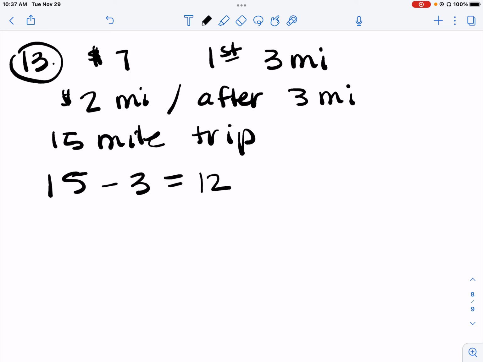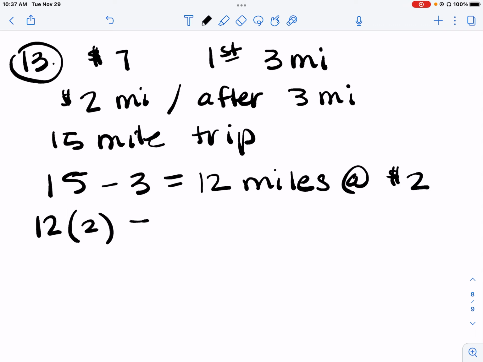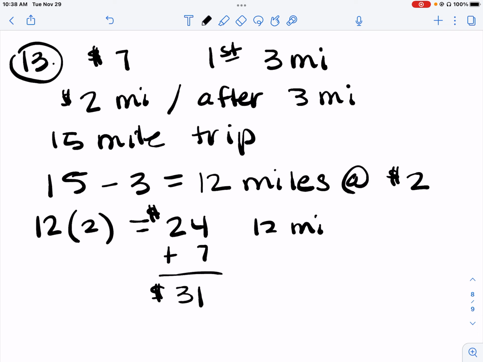So that means 12 miles at $2. Okay, so that's $24 plus the other 7. This is for the 12 miles. This is for the first 3 miles. So $31 total.